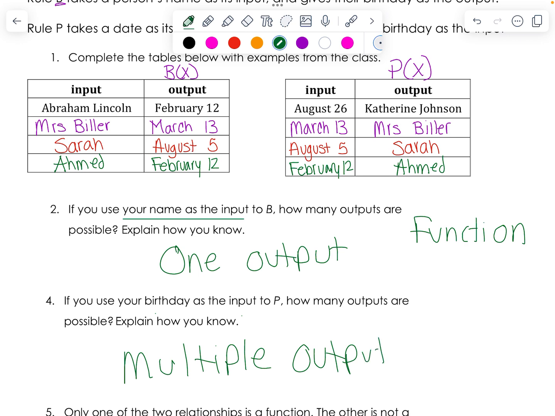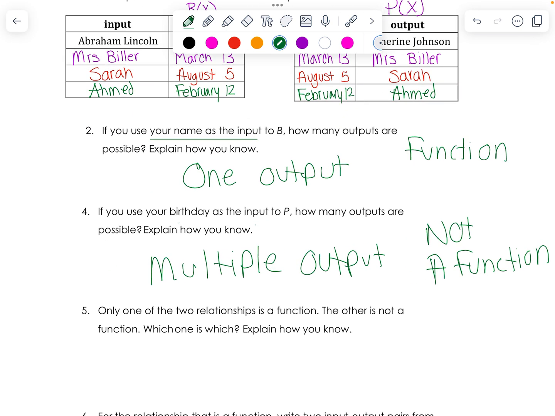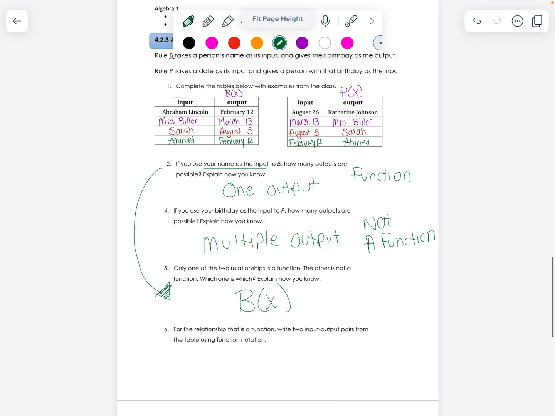So that means this is not a function. So only one of the two relationships is a function, the other is not. Which one is it? B of X, or from question 2, the name to a birthday, right?